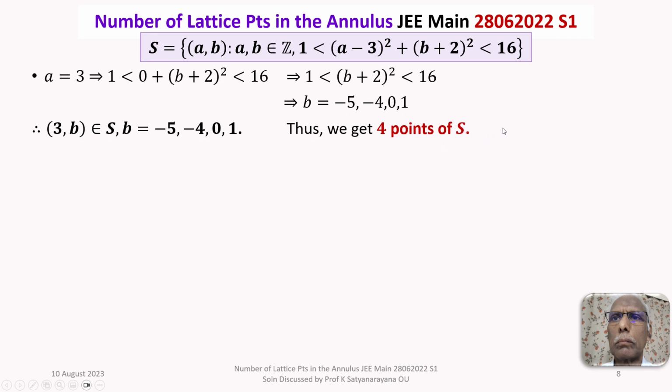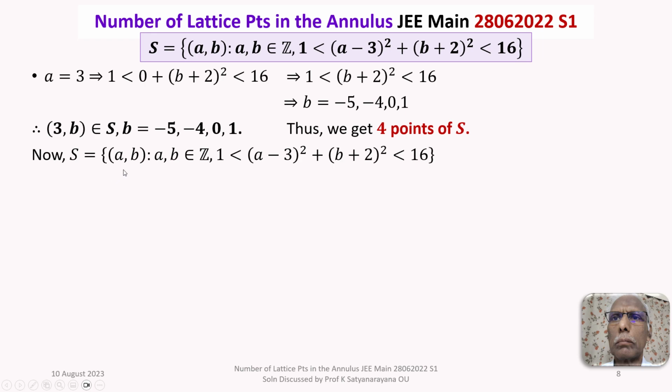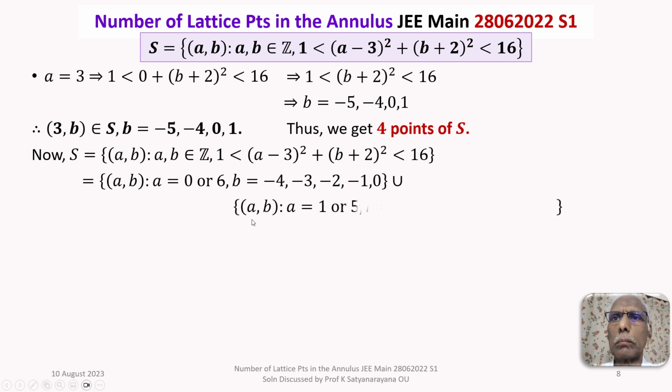Now we will consolidate how many points we got. So what is S? S is the set of all ordered pairs (a, b), where a, b are integers, which will satisfy this inequality. In the first case, a is equal to 0 or 6, we get 5 for each, that is 10 points total. And a is equal to 1 or 5, we got 7 b's, that is 14 ordered pairs.